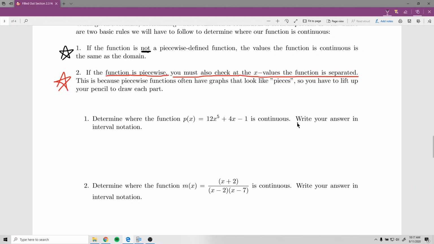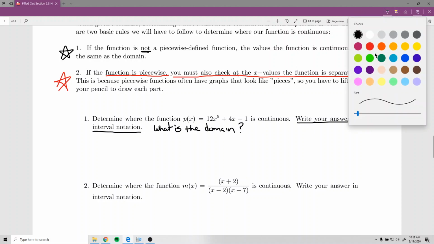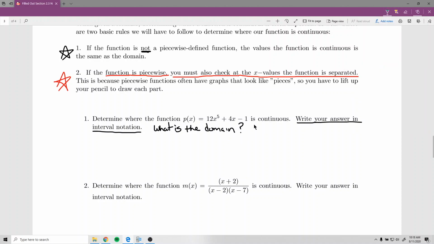Write your answer in interval notation. Now, if you look back, this is not piecewise, so we're really asking what is the domain. And the domain of a polynomial, which is what we're dealing with here, is always all real numbers.